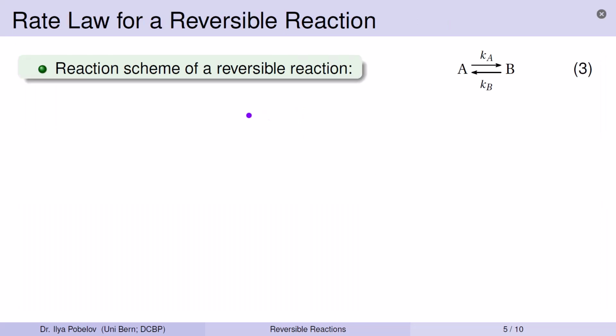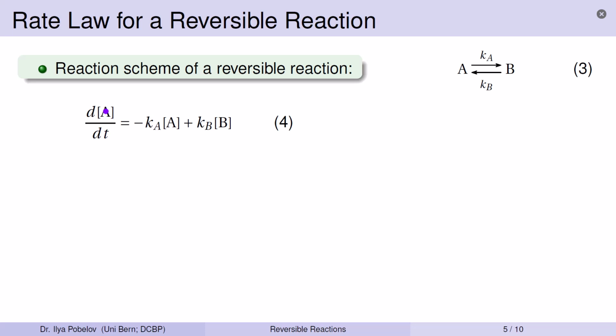For a reversible reaction represented by this reaction scheme, the integrated rate law expressions can be derived from the differential rate expressions for both the reactant A and the product B.